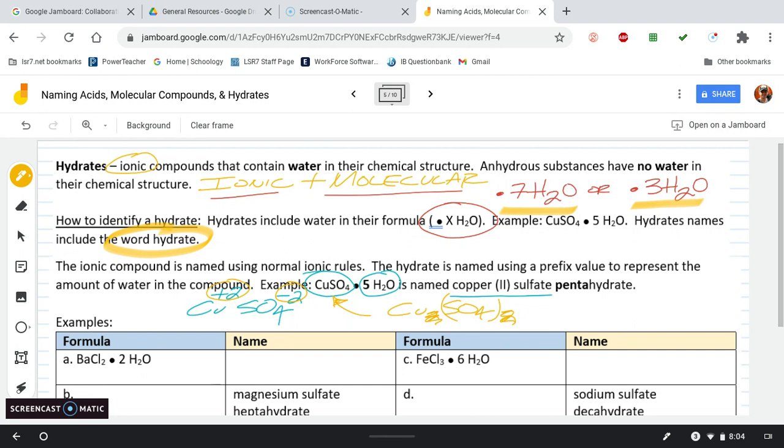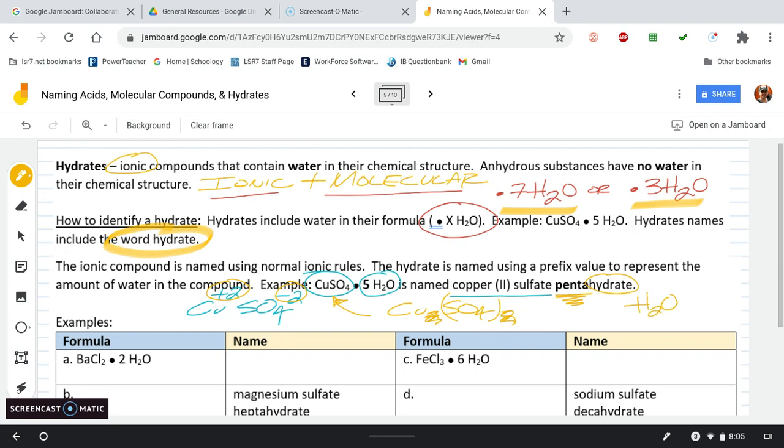So copper, Roman numeral 2 sulfate, normal stuff, Roman numerals, crisscrossing, all that good stuff. And then at the end, instead of saying water, copper sulfate, 5 waters, we say copper sulfate, penta for 5, and then the word hydrate is what replaces the H2O.